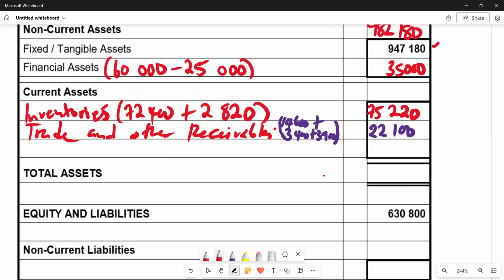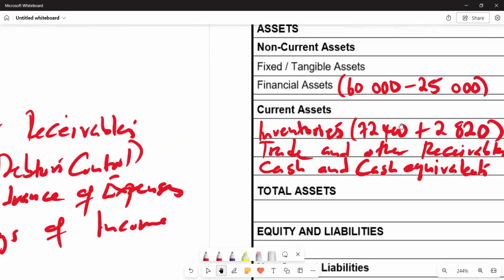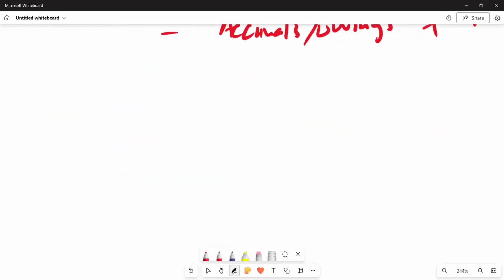So here we are saying cash and cash equivalents. So we also have elements that should fall under cash and cash equivalents.